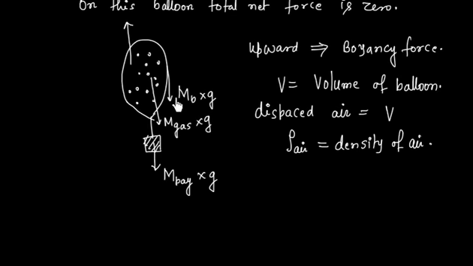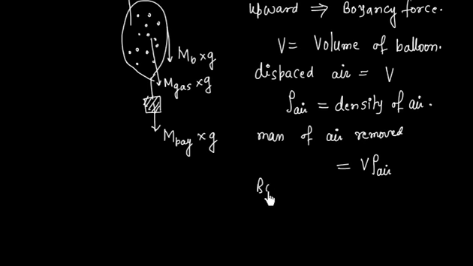So we can calculate the mass of air removed. So the mass of air removed is V into rho air. Now if I apply the buoyancy force, the mass of removed air times the gravitational constant g.